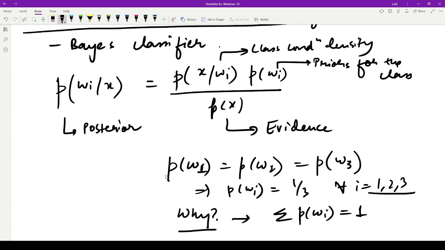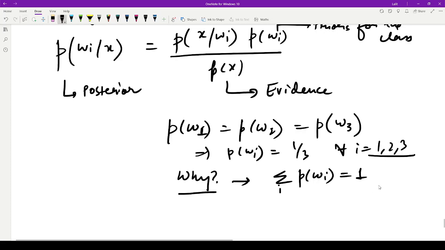So there are only three possible classes. So the summation should turn out to be 1. And if all the terms in the summation are same, then they are equally divided. This is the main thing. For our case, it is i equals 1 to 3. So that's why probabilities for all the classes are same.